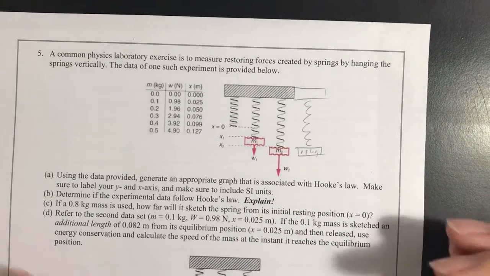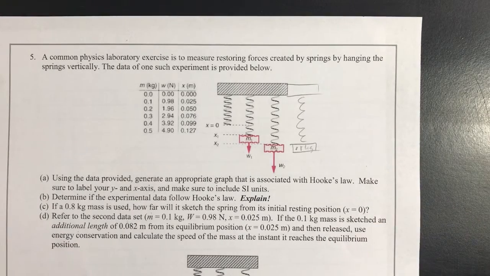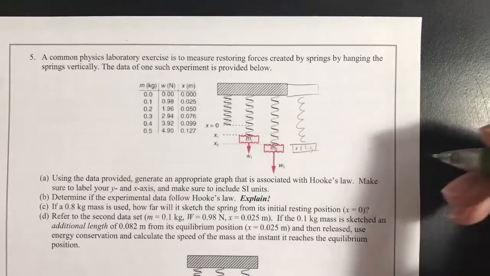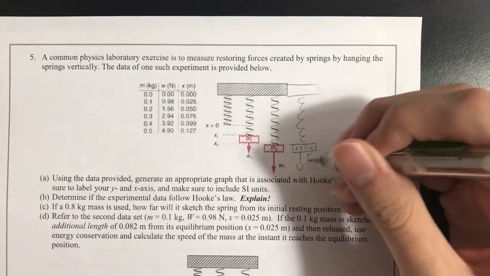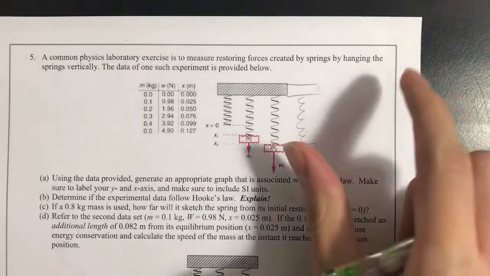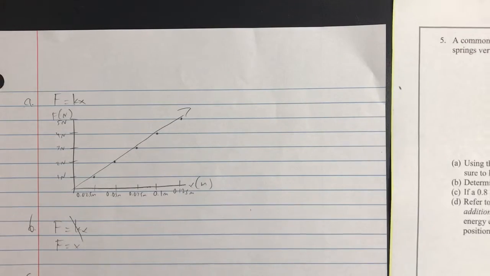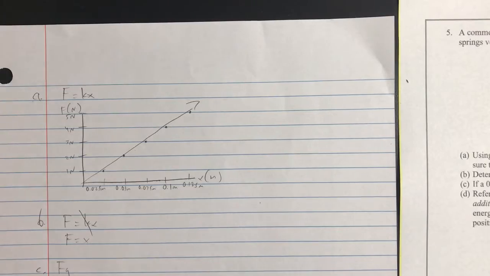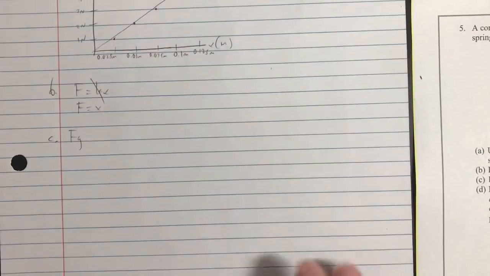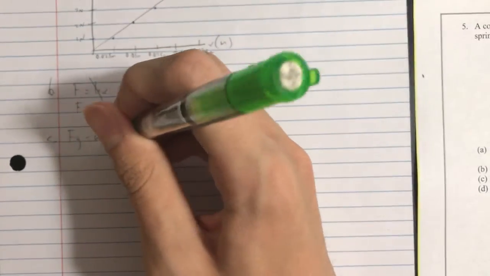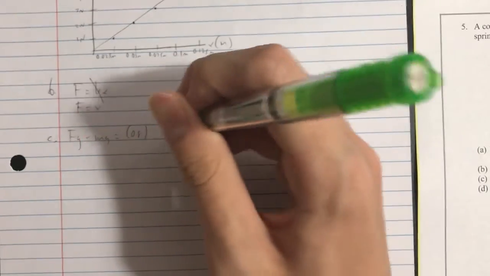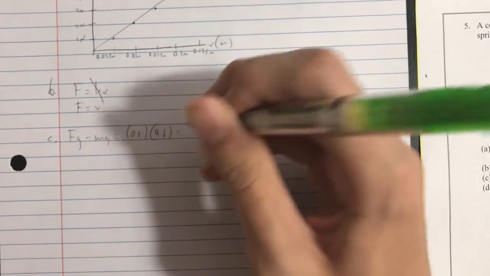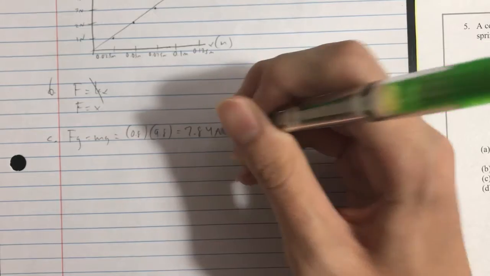The only force acting upon the block that causes the spring to stretch is F of G, force of gravity, pulling the mass downwards. So how do I find the F of G of the 0.8 kilogram mass? Just simply, F of G equals mass times gravity. Mass is 0.8 and gravity is 9.8. And we get 7.84 newtons.